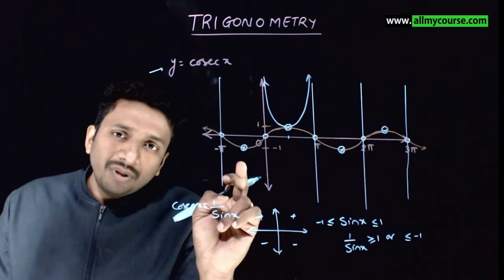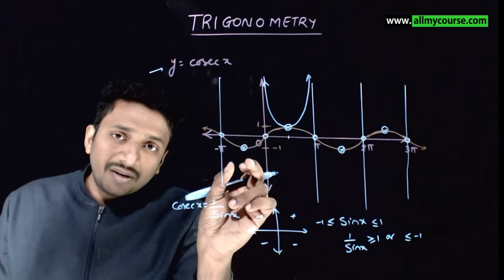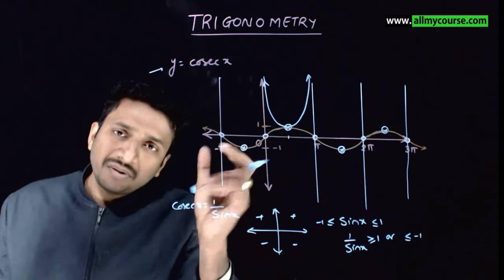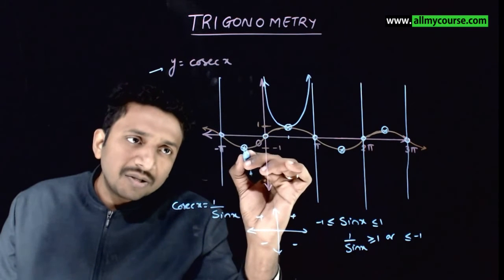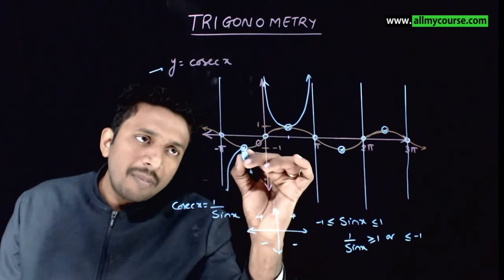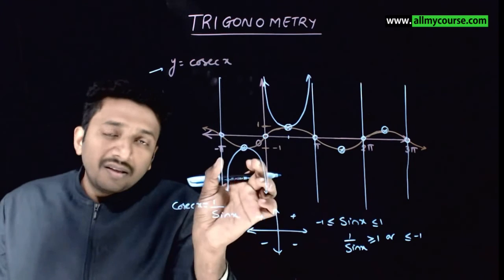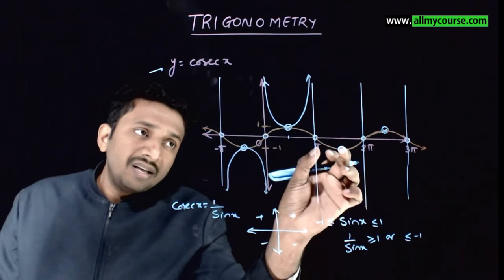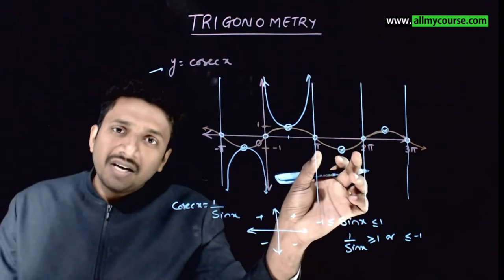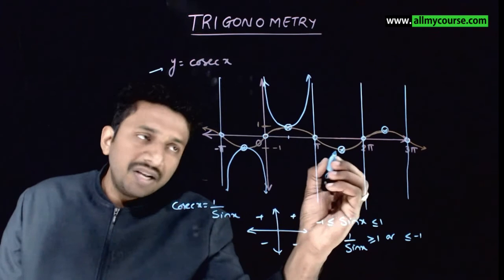So in the fourth quadrant and third quadrant, the value of sine is negative. So cosecant is also negative. So it has to go to minus infinity at 0 and minus pi. Right? So in pi to 2 pi, which is the third and fourth quadrant, the value of cosecant is negative.